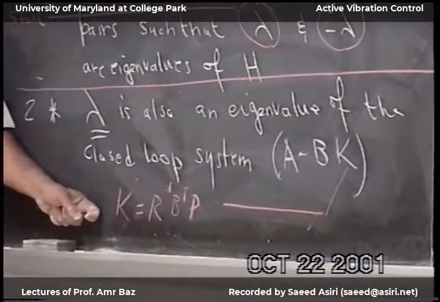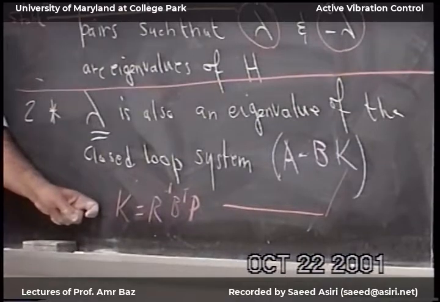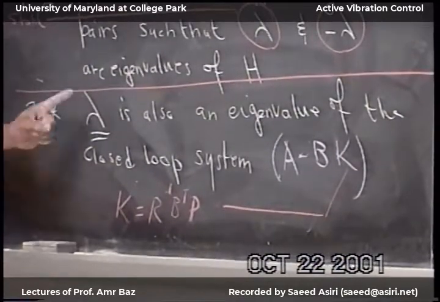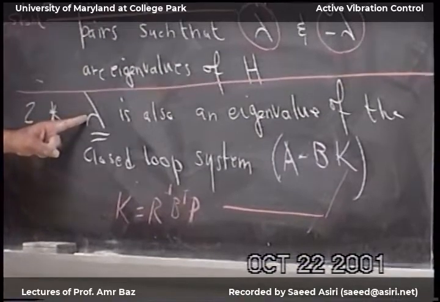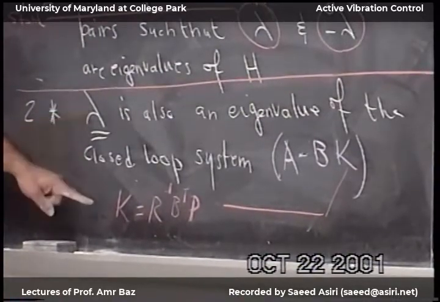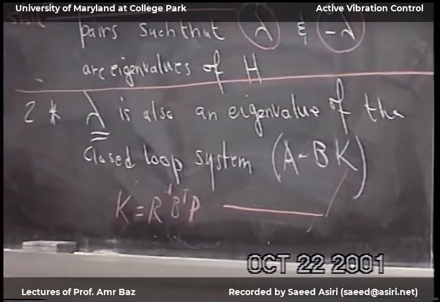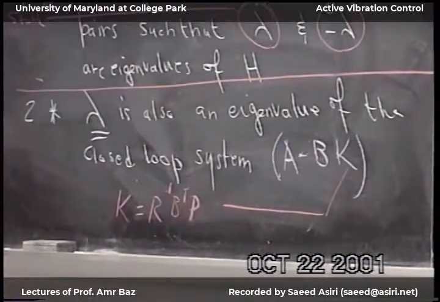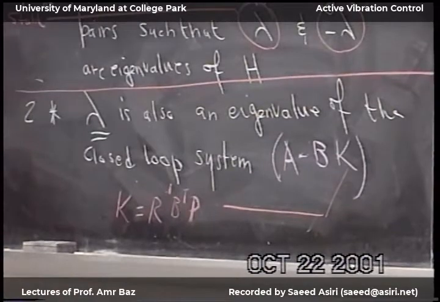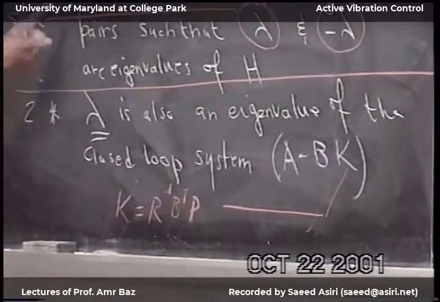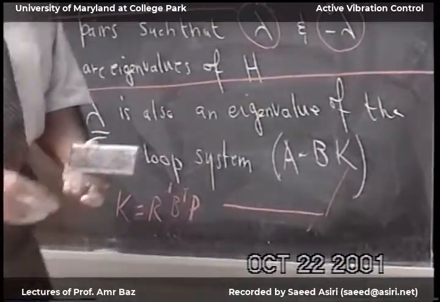So our system must have stable eigenvalues, and accordingly the lambda of H corresponding to this system has to be stable. So lambda can never lie on the imaginary axis. And because of this criteria, we can extract the H infinity norm. First, let me just prove these two things.